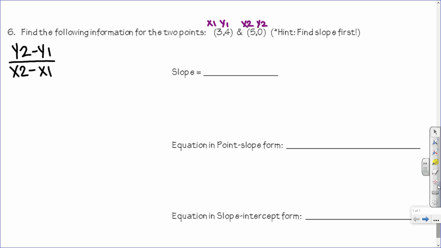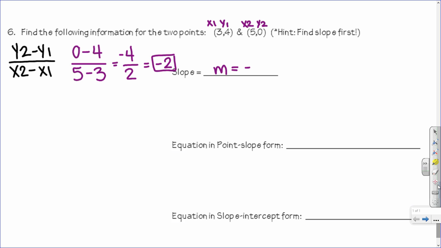So in this case, our y2 is 0, and our y1 is 4. So 0 minus 4 divided by our x2 is 5, and our x1 is 3. So 5 minus 3. This gives us negative 4 divided by 2. Negative 4 divided by 2 is negative 2. So our slope here, or we can call it m, equals negative 2.